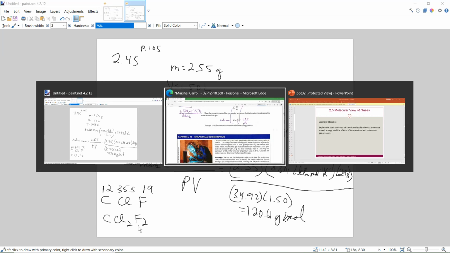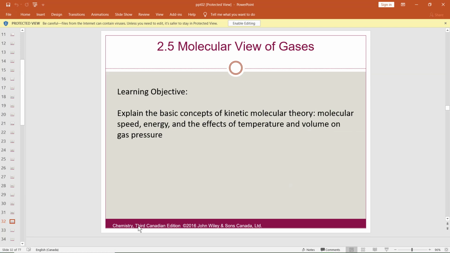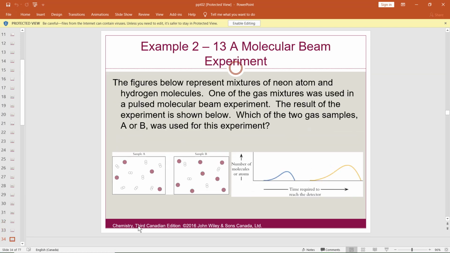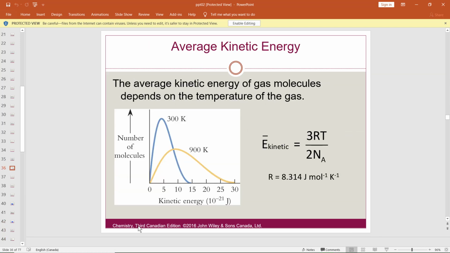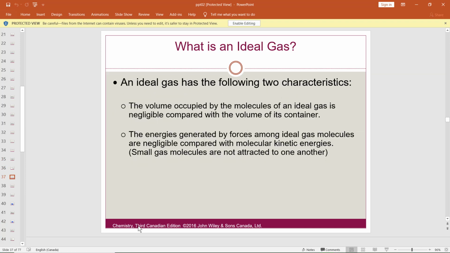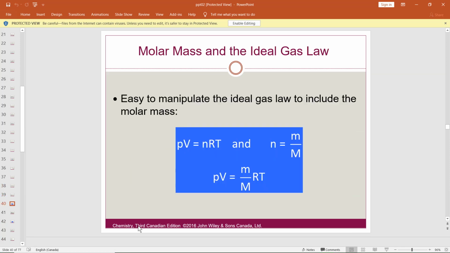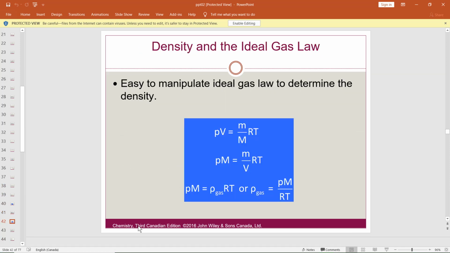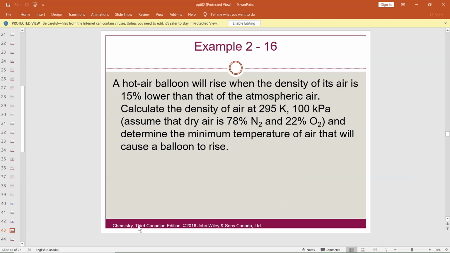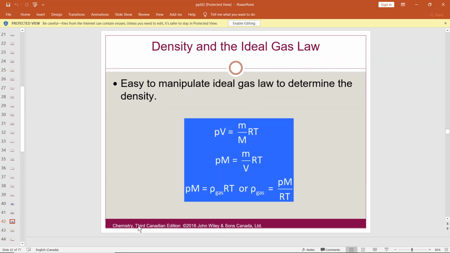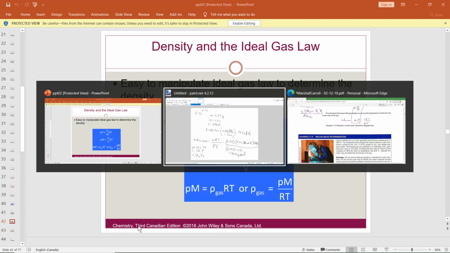Okay, so now let's go back. Should we go to the slides? We haven't been to the slides in a while. Let's see, do the slides give us anything different? Ideal gases, gas. Okay, well the density, I'm going to get that from here, so not really.